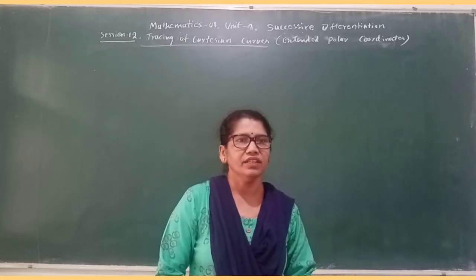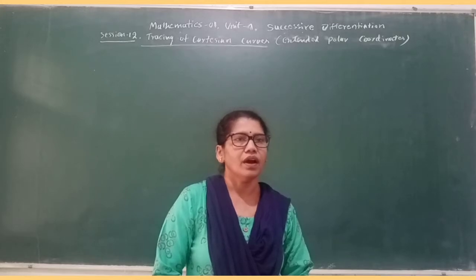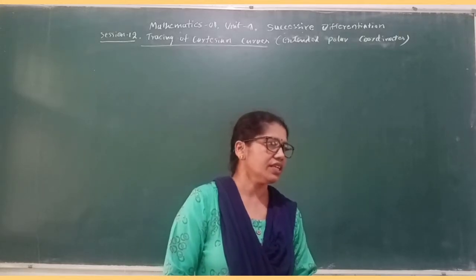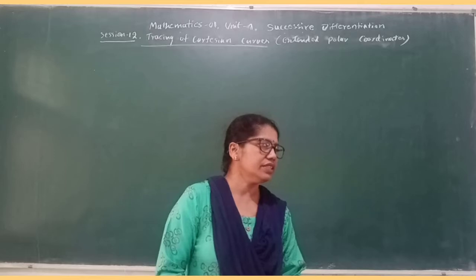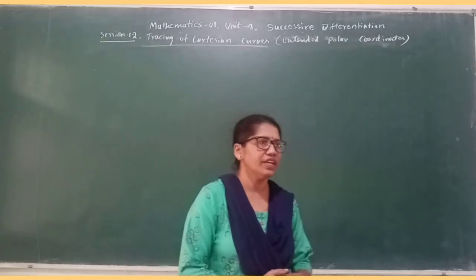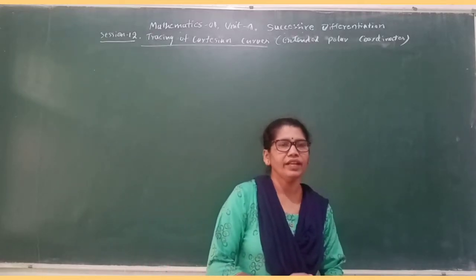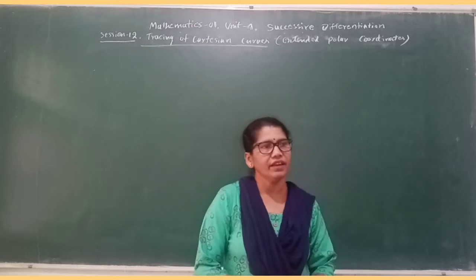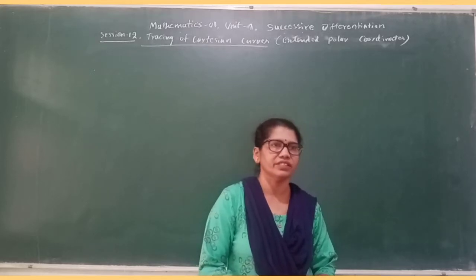In this session, I am going to teach you how to trace Cartesian curves. Tracing of curves is very useful in engineering and also to find the surface area and volume of curved surfaces.